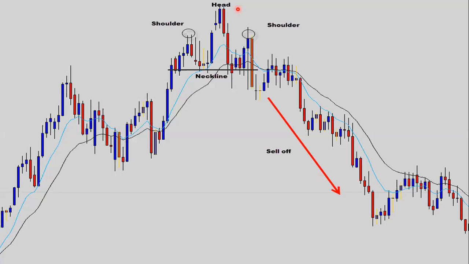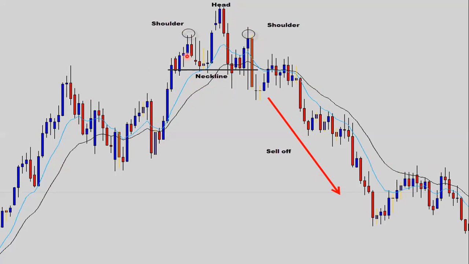Here's a kind of head and shoulders on the chart, as you see. Here is the shoulder, the head, the other shoulder. So if you look at the chart, it's a little bit harder to find head and shoulders than the others.